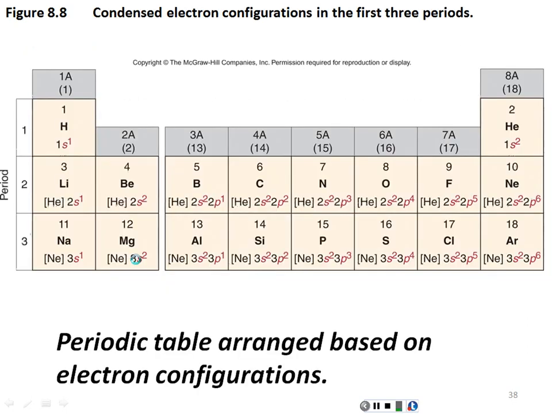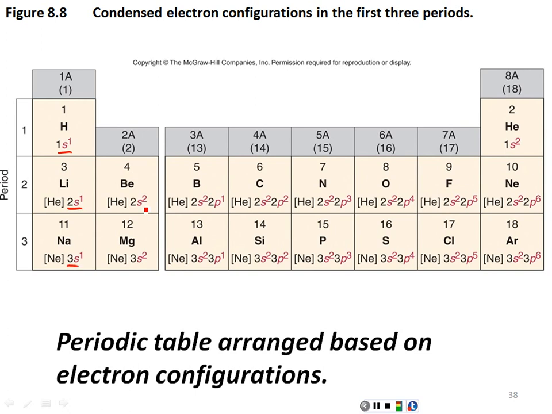Now, one thing you should notice in the periodic table, when you look at electron configurations, is that the atoms in a group or a column all have a similar valence electron pattern. So group 1A all has one valence s electron.